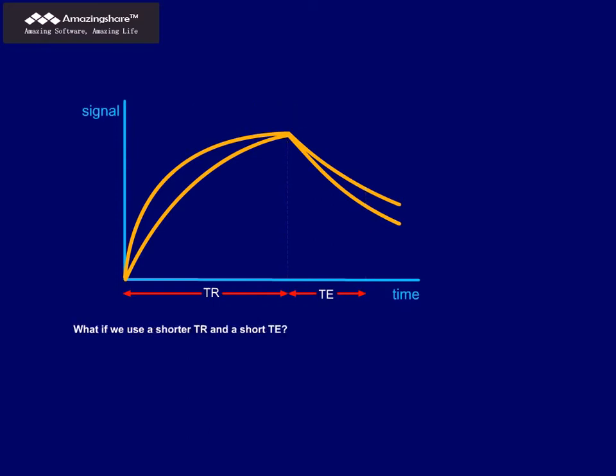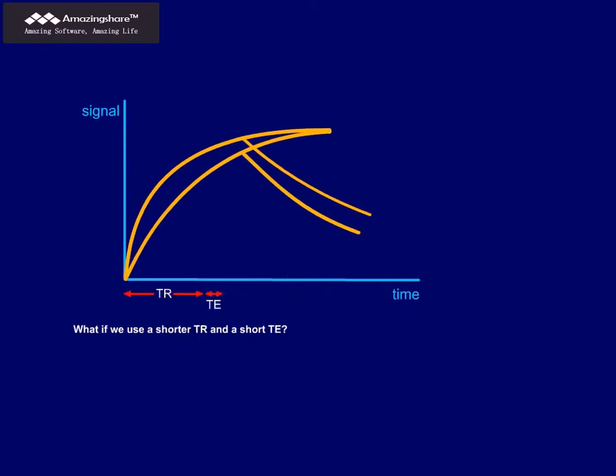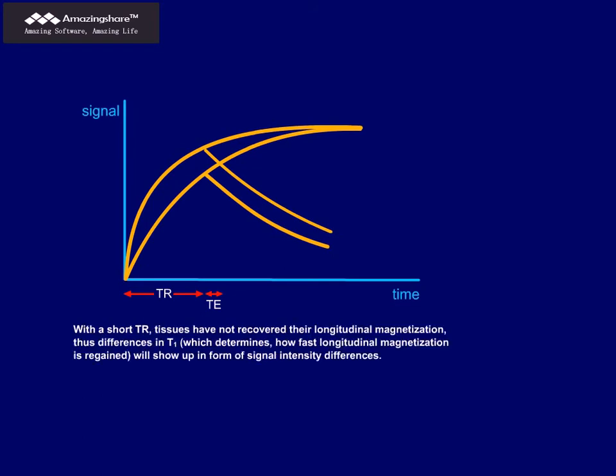What if we use a shorter TR and a short TE? With a short TR, tissues have not recovered their longitudinal magnetization. Thus, differences in T1, which determines how fast longitudinal magnetization is regained, will show up in form of signal intensity differences.